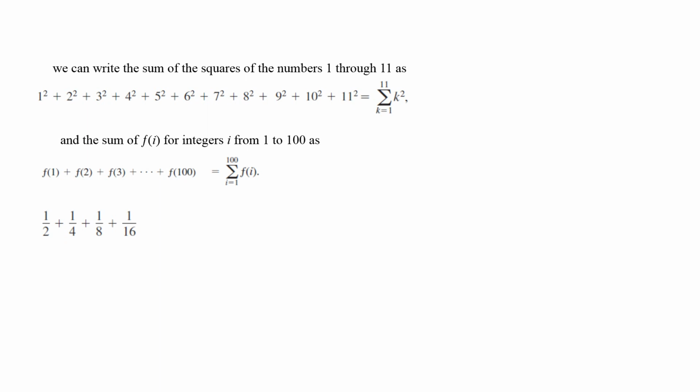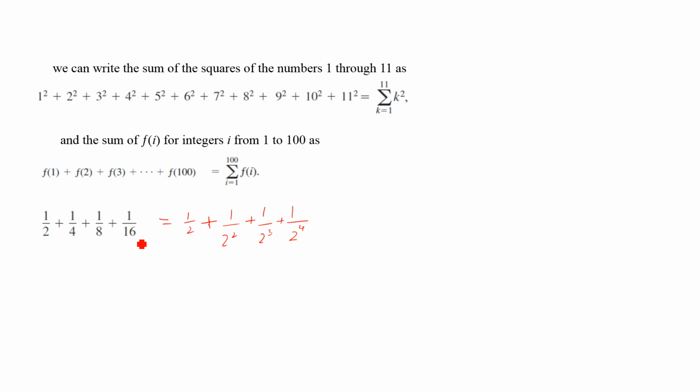Our first term is 1 over 2, plus the second term is 1 over 4, which can be written as 1 over 2 square, plus the third term is 1 over 8, which can be written as 1 over 2 cube, plus the fourth term is 1 over 2 to the power 4.